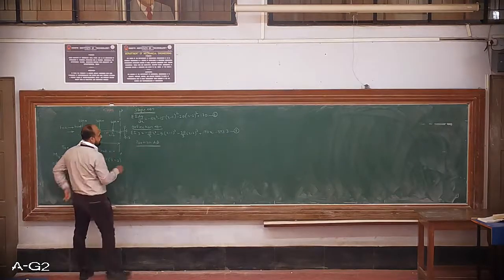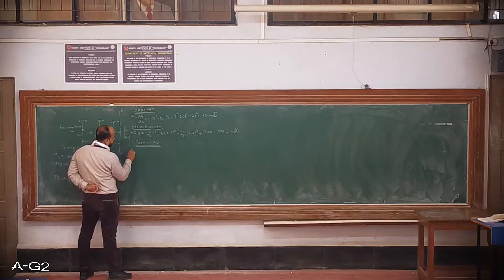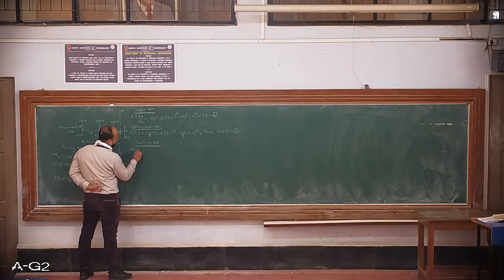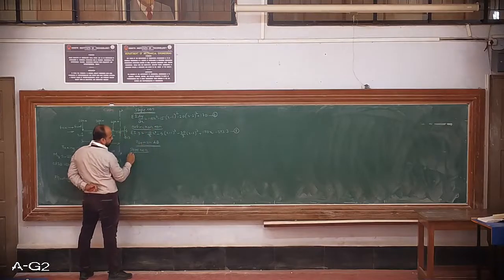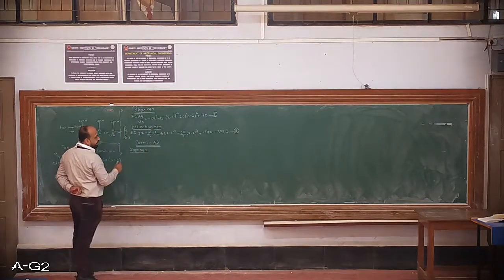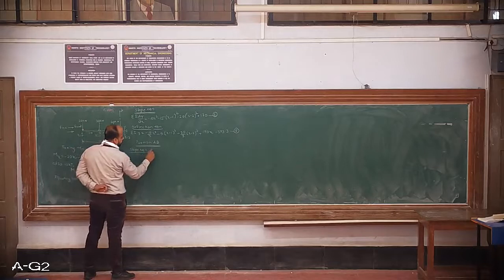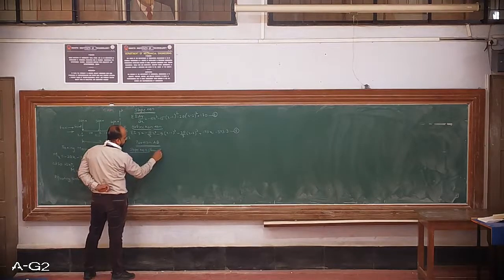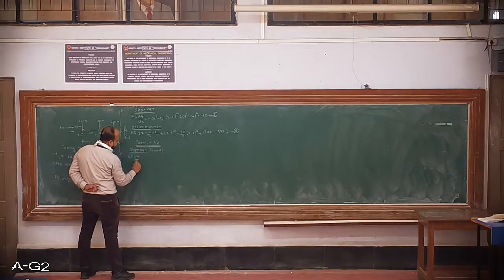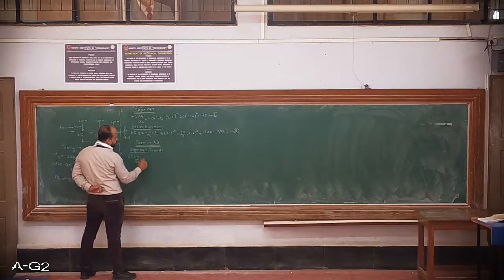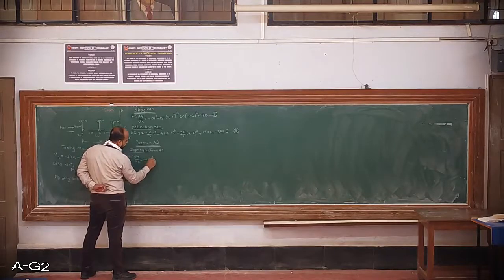The variable is x. So how will my slope equation become? This was the generalized slope equation, but here the slope equation will change. The left hand side remains as it is. EI dy by dx is equal to minus 10x square.